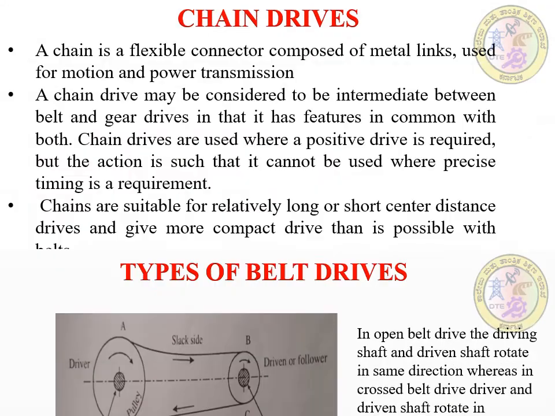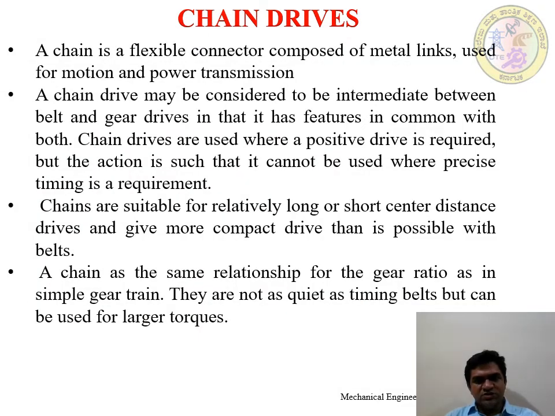Next, the next one is chain drive. So chain drive is also a mechanical actuation system, wherein the chains are flexible connectors composed of metal links used for motion and power transmission.